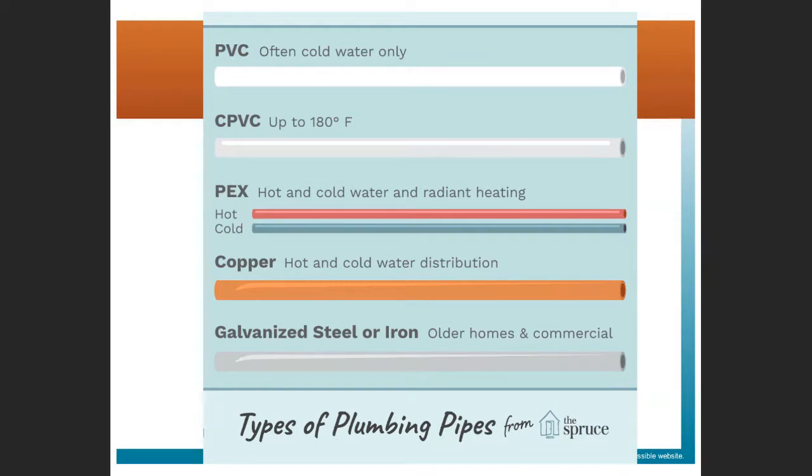We will often see that for cold water piping or piping in a radiant floor system, which we'll see when we get to HVAC. Copper is used for both hot or cold water or hot water return. And our galvanized steel we might find in older construction or commercial construction.